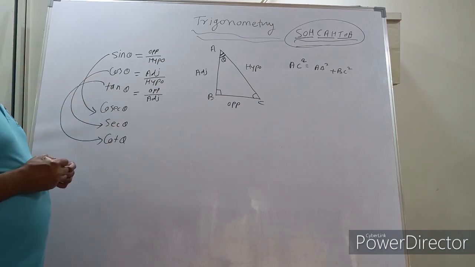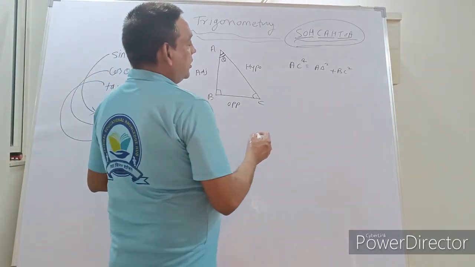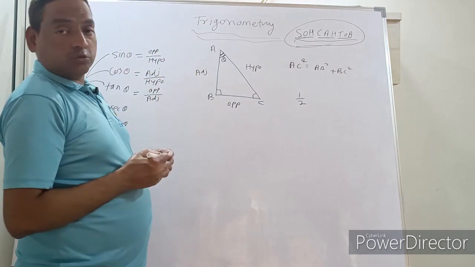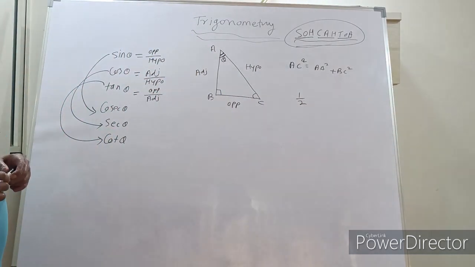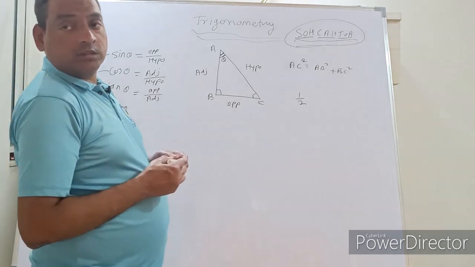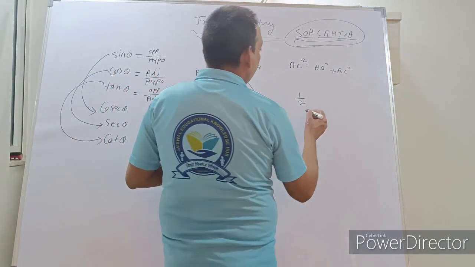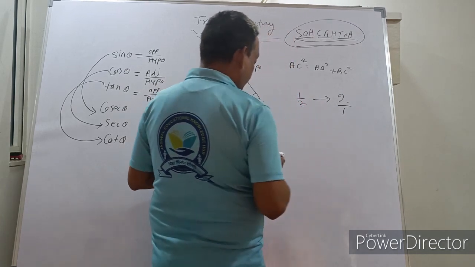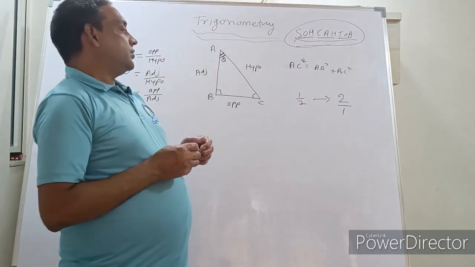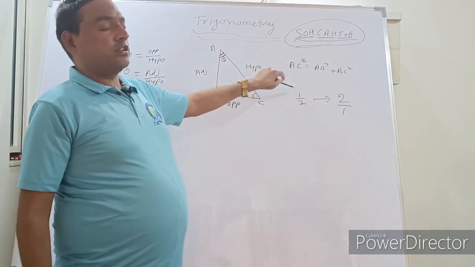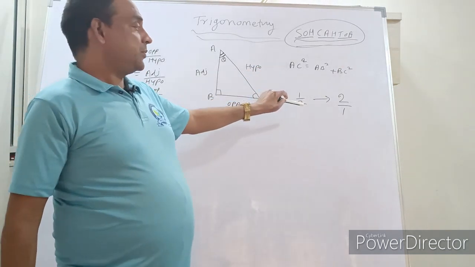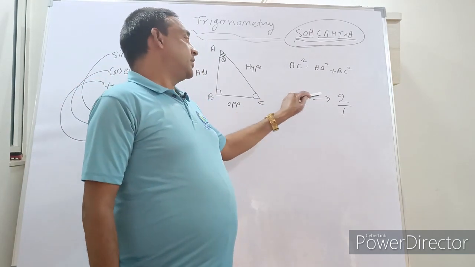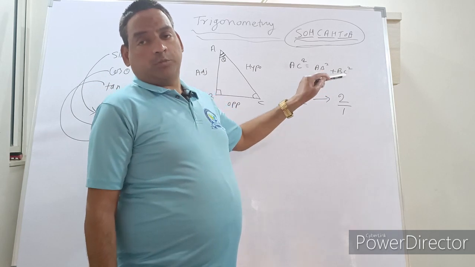Now what is a reciprocal? If we have 1/2, the reciprocal of 1/2 is 2/1. What is the meaning of this? This is the numerator, this is the denominator. Reciprocal means we have to change the numerator to denominator and denominator to numerator.